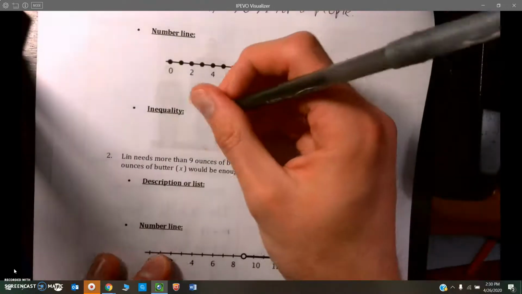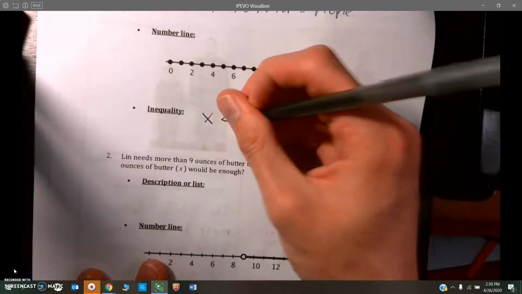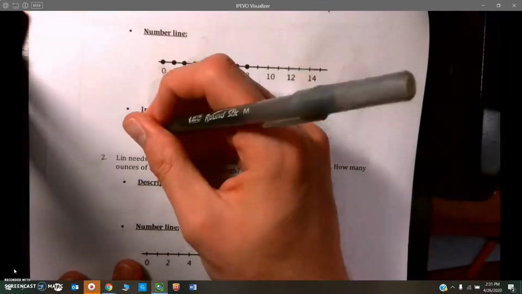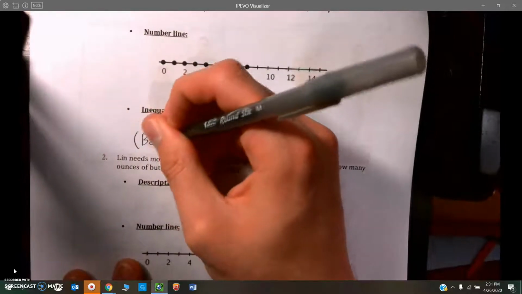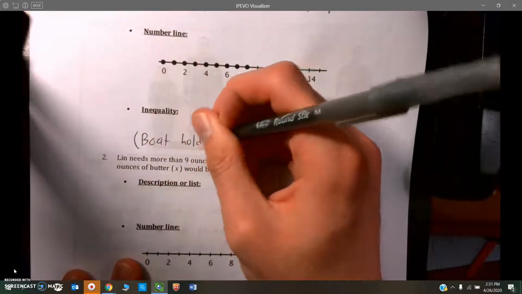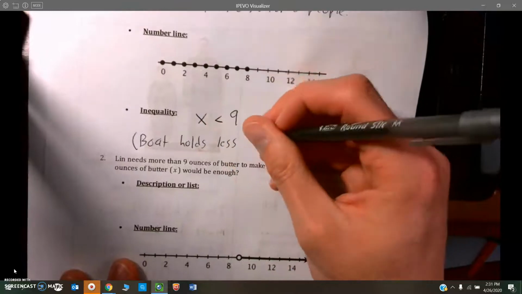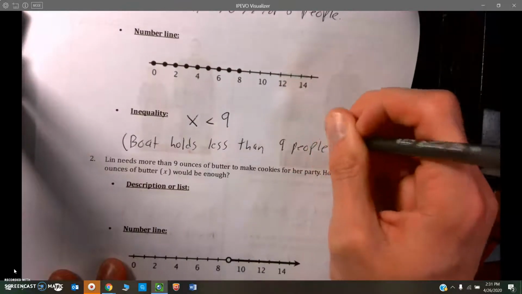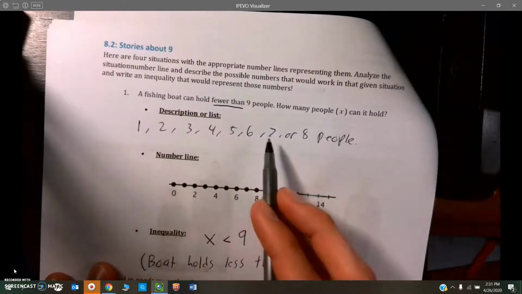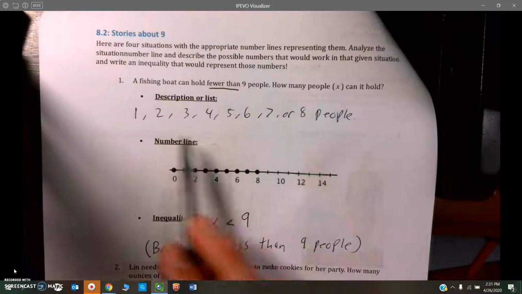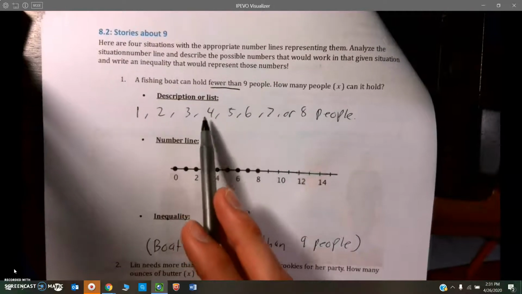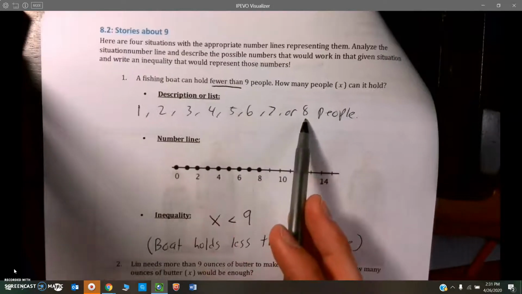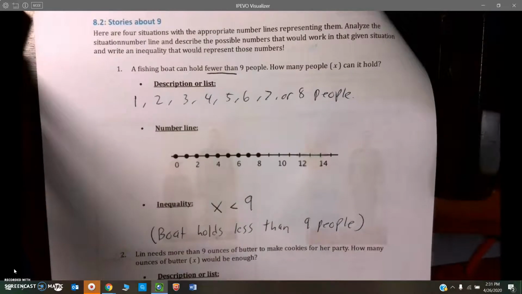And so as an inequality, the boat must have less than 9 people. So any of these would work. If the person wanted to take the boat out, they could go solo, could go with 3 friends for a total of 4 people, could bring up to 7 people, as long as it's less than 9.